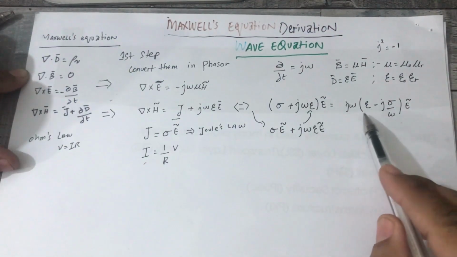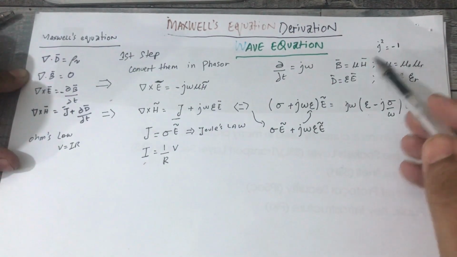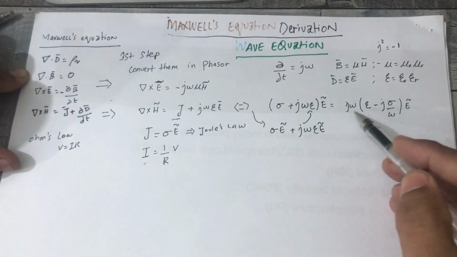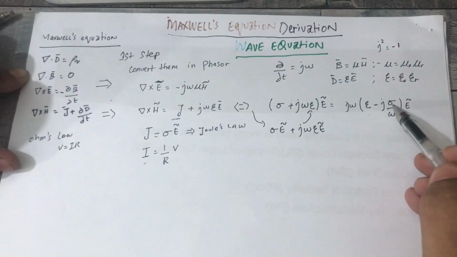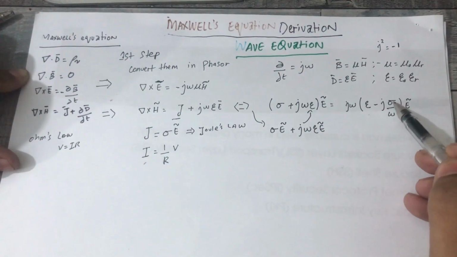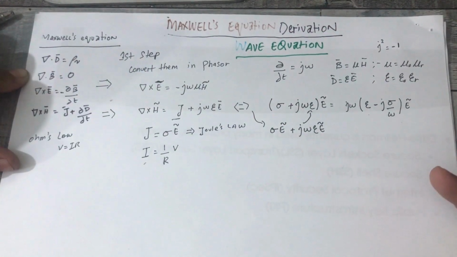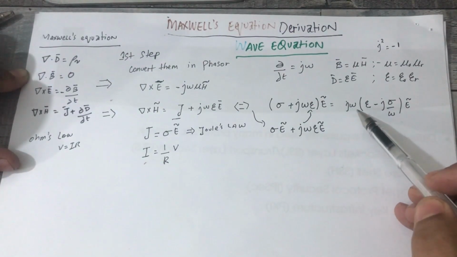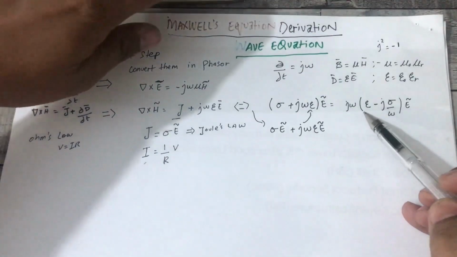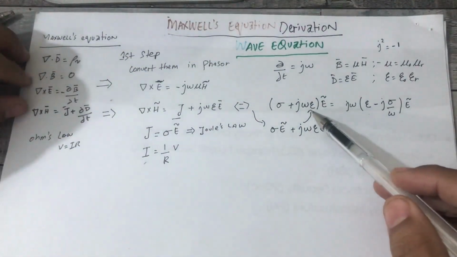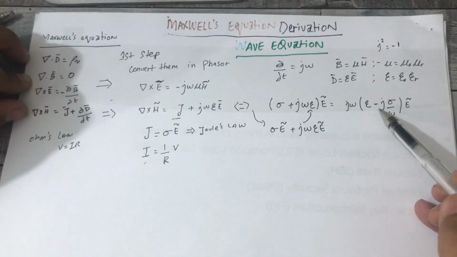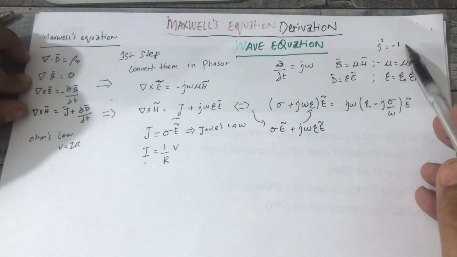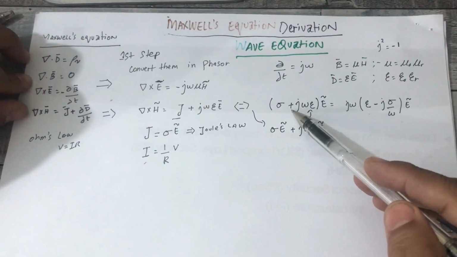So when I took that j out, this j and j would become -1. That's why your sign has changed from positive to negative, and you get this term, which is conductivity divided by omega. I hope you're seeing this step. What did I do? I took j omega out, j omega multiplied by epsilon gives exactly this term, and j squared is -1, and that's why the sign has changed.